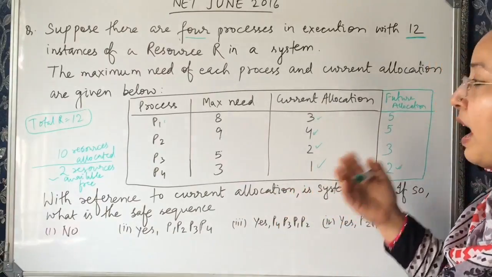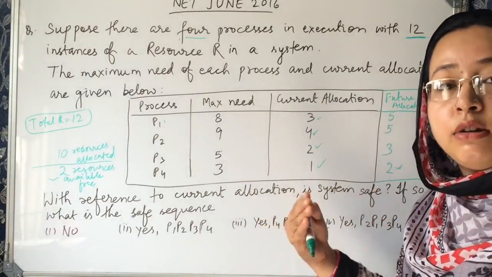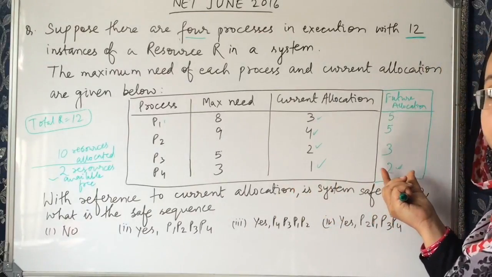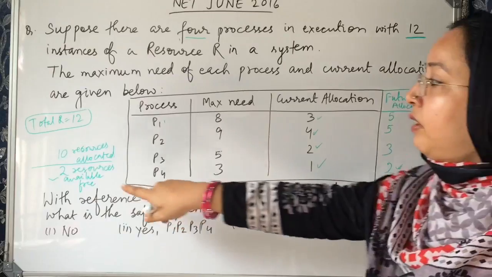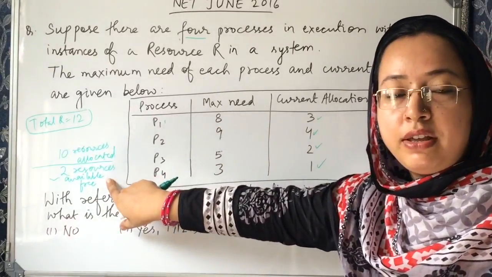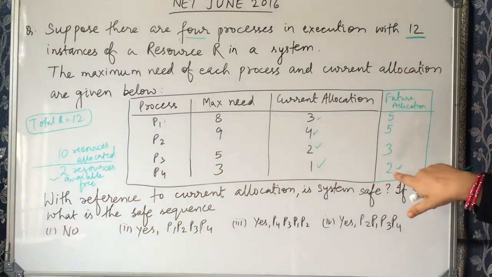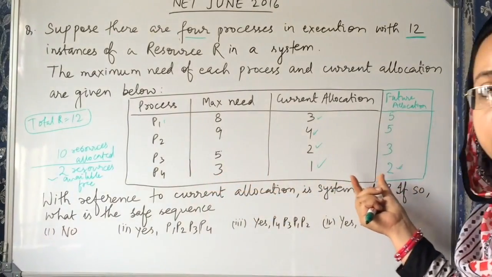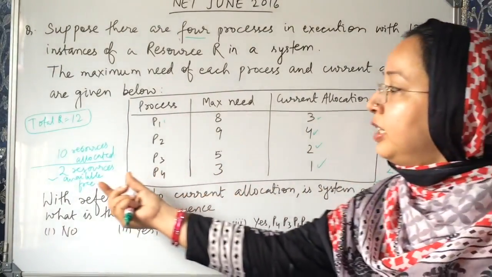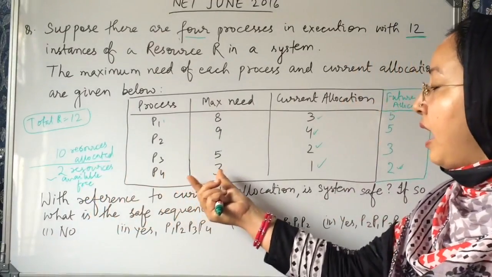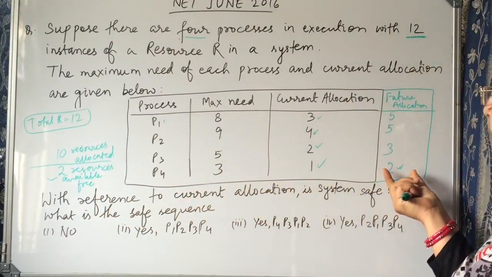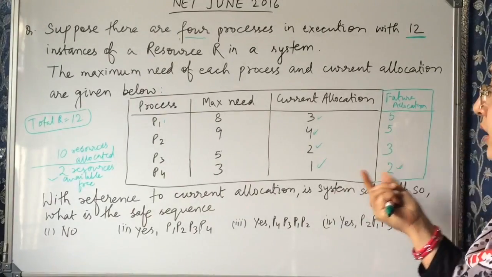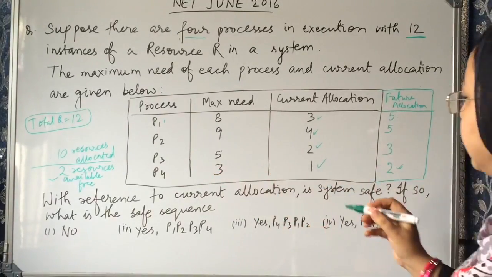We check by allocating the free resources to the process whose future need they can fulfill. Only 2 resources are free now, and P4 needs 2 for the future. So let's start assigning from P4.